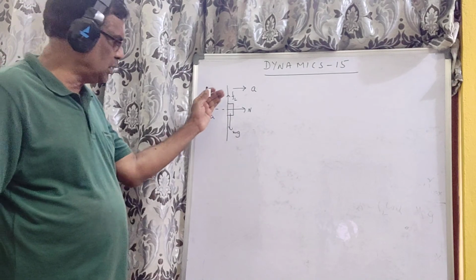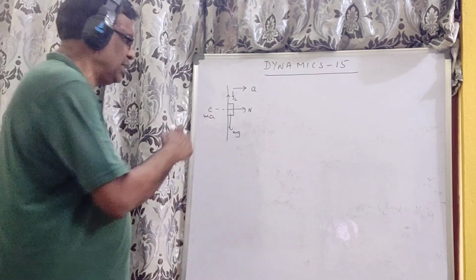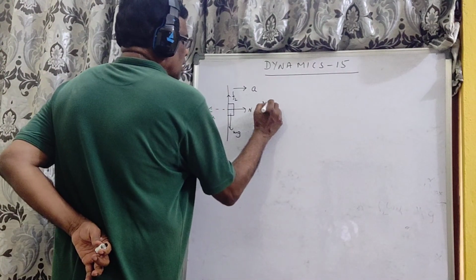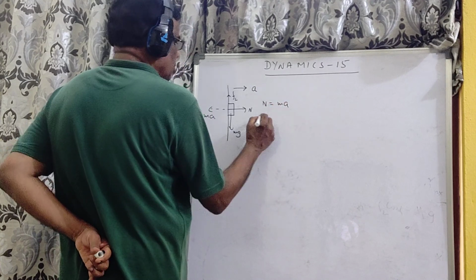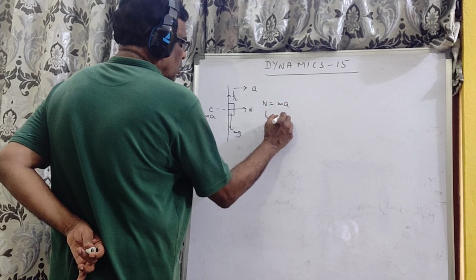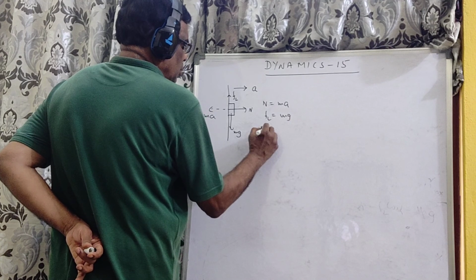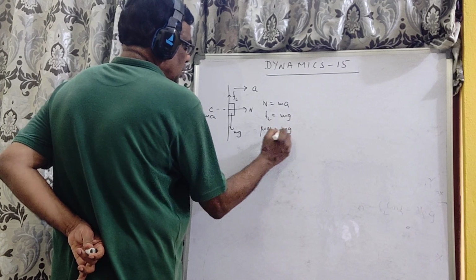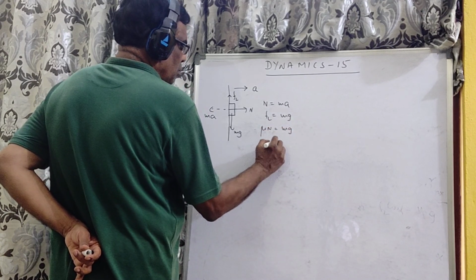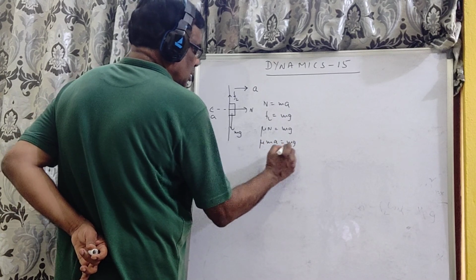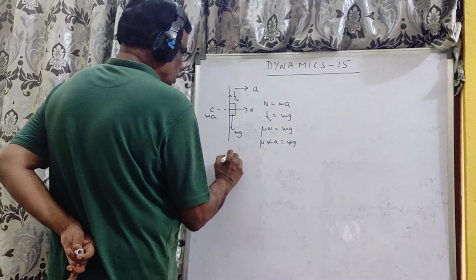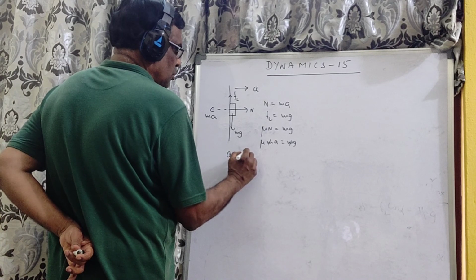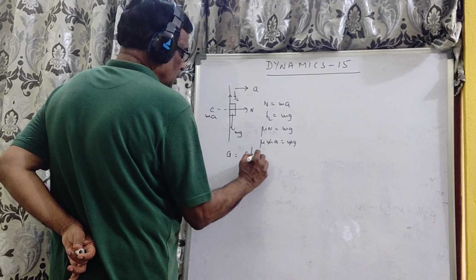This is just preventing it from falling. I think I discussed this case: N is equal to MA, FL is equal to mg, mu N is equal to mg, and mu MA is equal to mg, so that A is equal to g by mu.